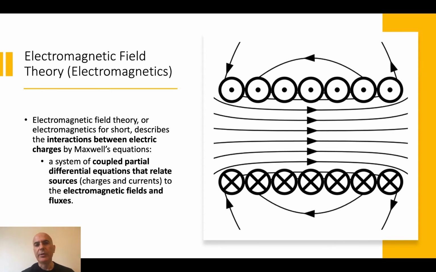The Maxwell equations describe the dynamics of charged particle systems. Maxwell equations are a system of coupled partial differential equations that relate the sources, the charge and the moving charge, also currents, to the electromagnetic fields, that are the magnetic field and the electric field.